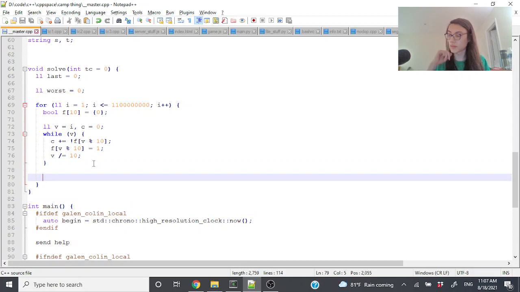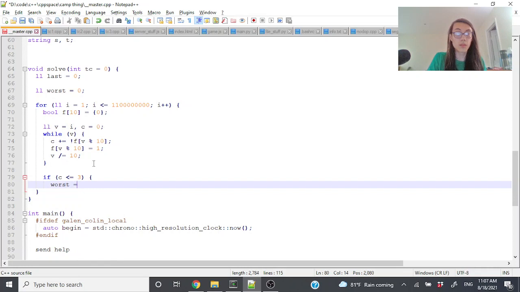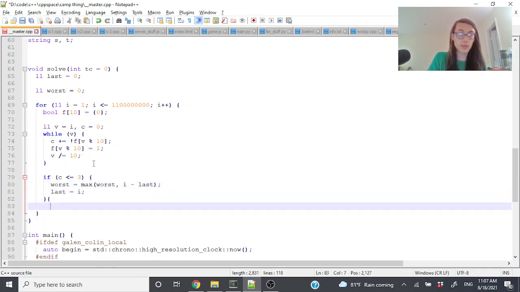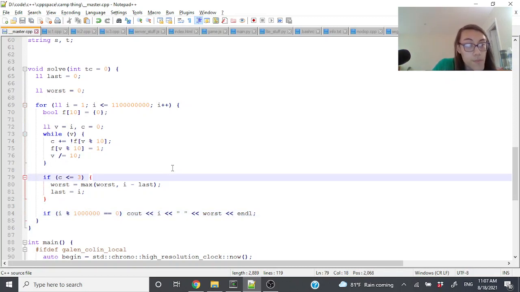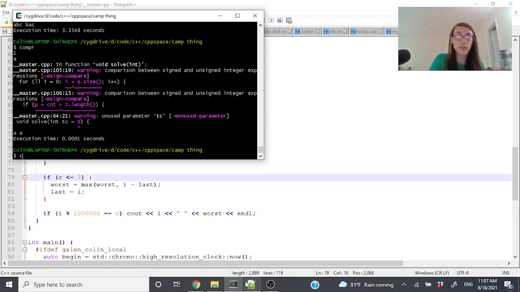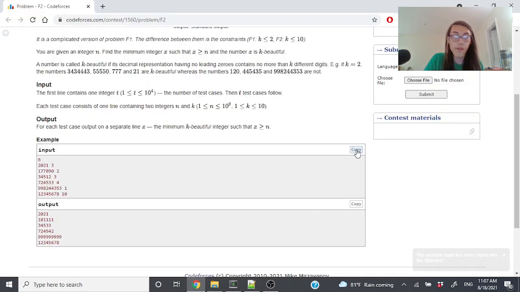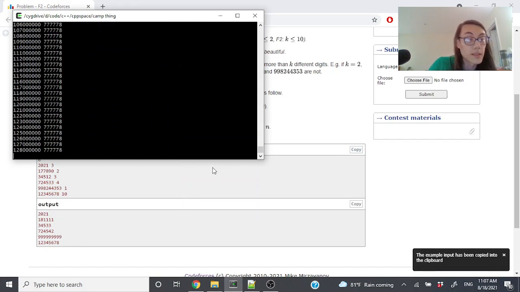If c is less than or equal to 3, minus less equal to 1. Alright, so what is not if that? Yeah. I'm trying to see if they're frequent enough, is basically it.